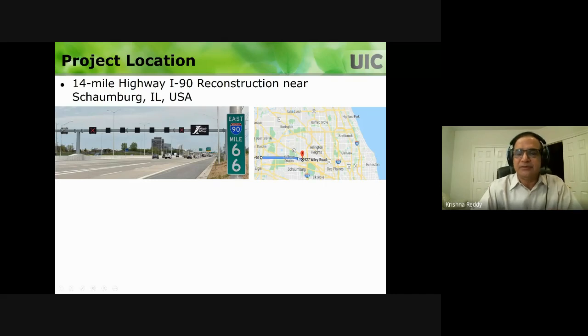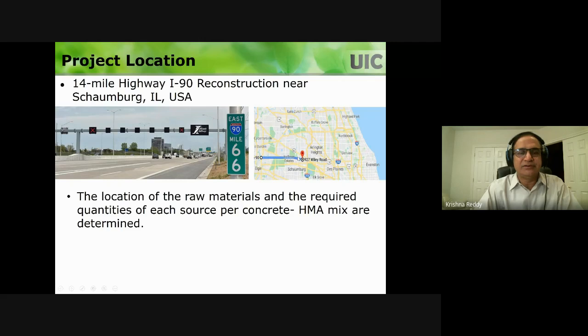So if you are familiar with this kind of location, if you are from the local area, you would have known exactly where it is. So then, if you have a project site here, you should know, okay, where are the raw materials coming from? All the materials that are needed for this, where are they coming from?